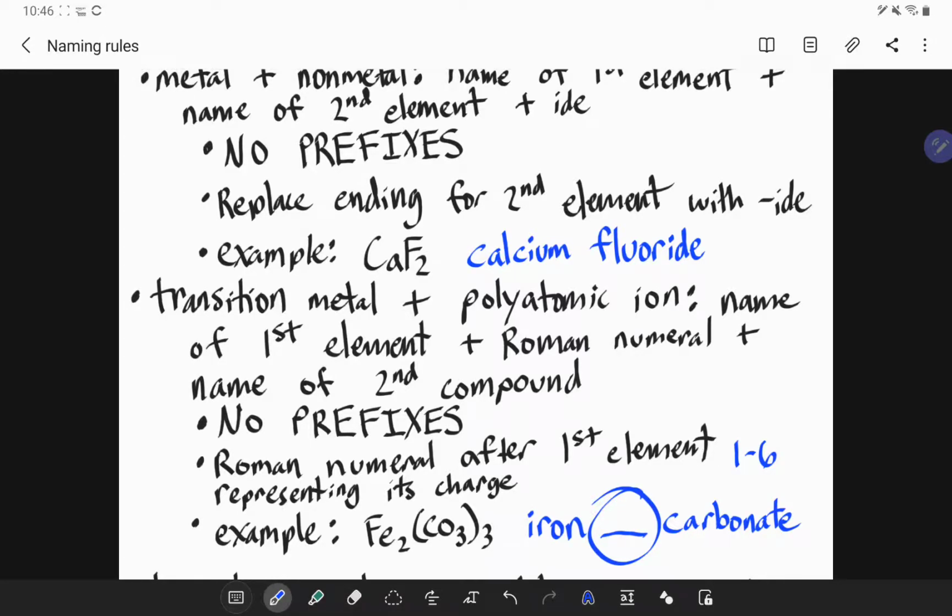But we can narrow it down a little bit further because there's something else that it's always not. And I really want to take some time to point this out. A lot of people think that if we have a number written out here, the Roman numeral is just that number. But I'm going to write that in red because this is so wrong, and we don't ever want to make this mistake. A lot of people think that this number is the Roman numeral, and that is absolutely not the case.